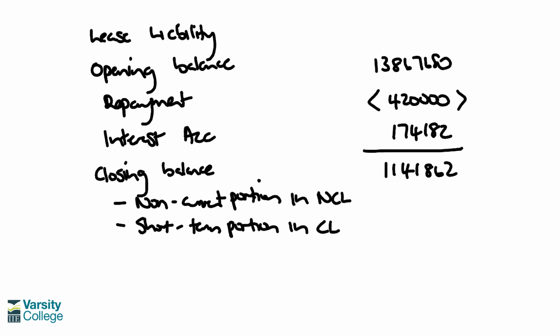Do the short-term portion first because it's easier, 420,000, and then the balancing figure is the other amount, 721,862. So just to remind you, I'm just going to write in red there, balancing, because you don't even need to think about it, just do it as the balancing figure.